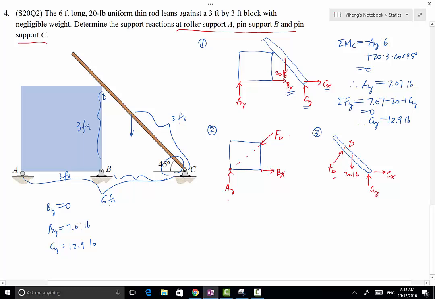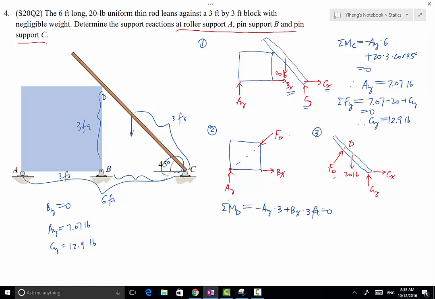We cannot solve for either Bx or Cx yet, but if we come back to free body diagram number 2, and we sum the moment about point D, FD does not have moment about point D. We have Ay that's clockwise, so negative Ay times 3 feet plus Bx times 3 feet equals 0. From here, you can see that Bx and Ay equal each other.